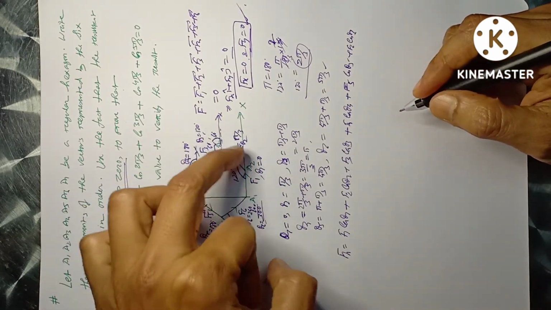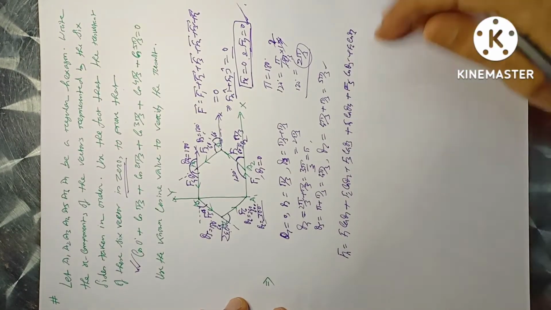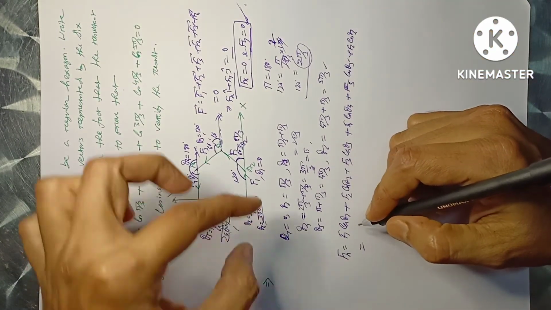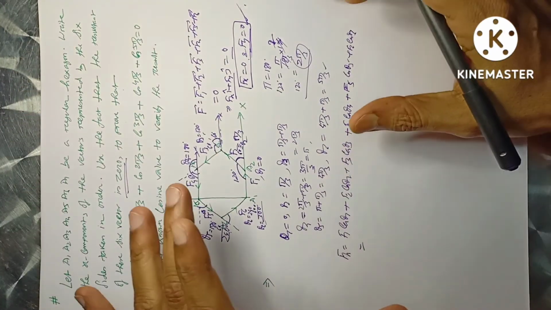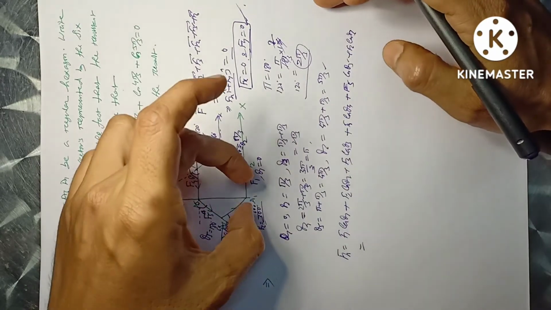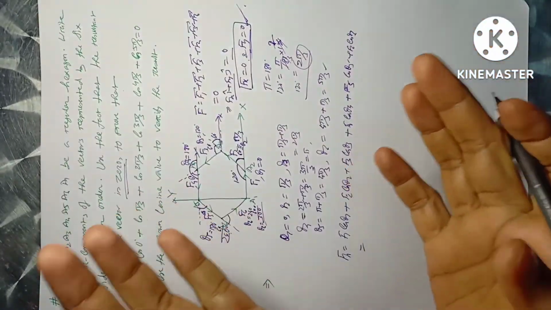There are 6 sides represented by f1, f2, f3, f4, f5, f6. In this way, every side is equal in length.